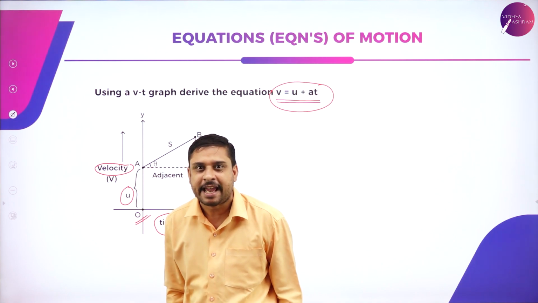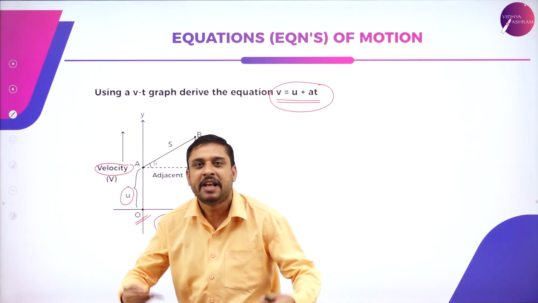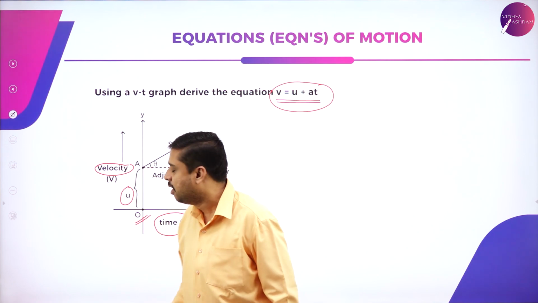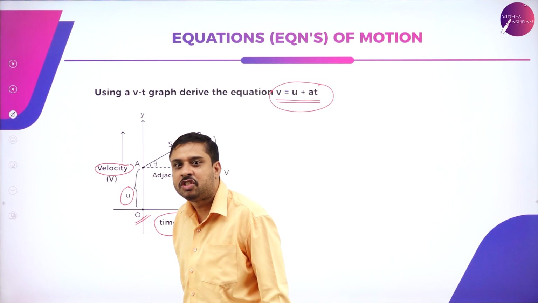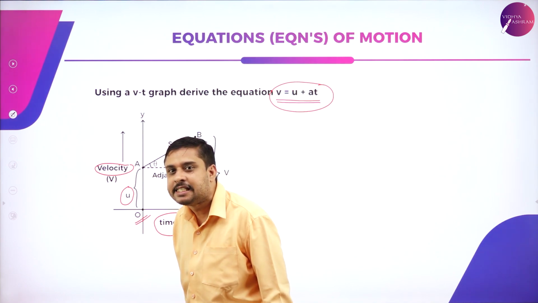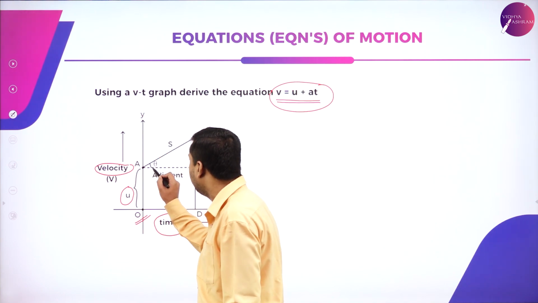Initial velocity, starting velocity. So u represents the initial velocity of the body.